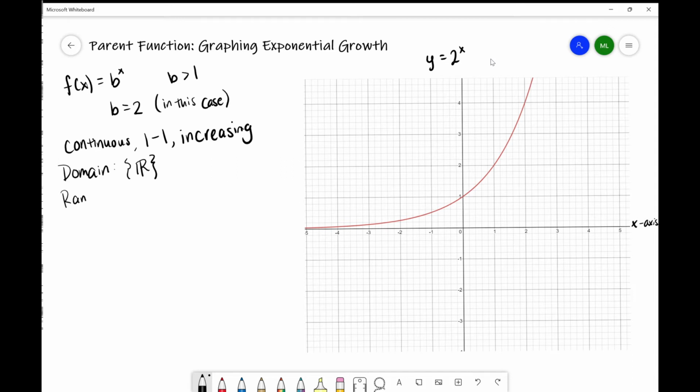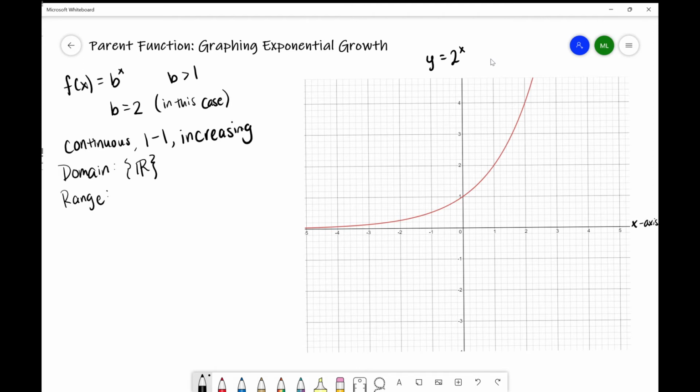And then my range. Now let's take a close look at my y values. Looking at our y values, we can see that it doesn't quite touch the x-axis, and I don't have any negative y values, that's for sure. My y values are not including 0, but it's all the positive numbers.